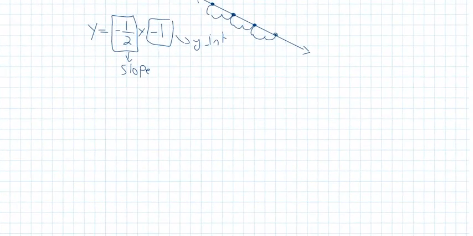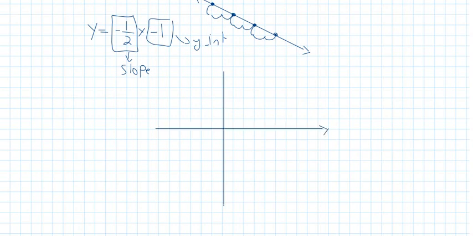So you'll have the grid. Your y-intercept is at -1. Remember that the y-intercept is on the y-axis. Where would -1 be on the y-axis? Right underneath the center. The center is going to be 0, 0.